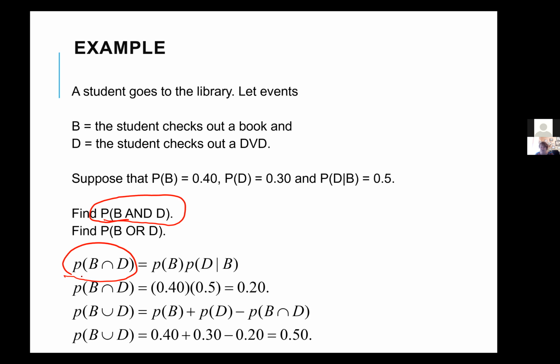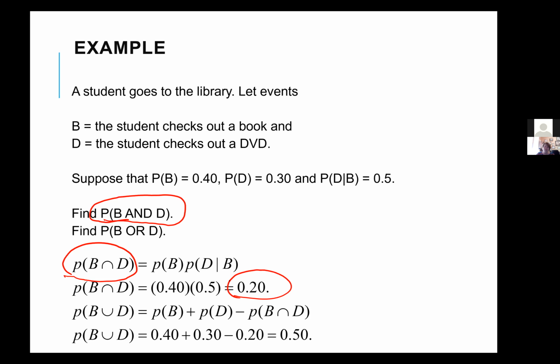And that is 50%. So if we multiply those two probabilities together, the probability of checking out a book is 40%, 0.4, times the probability that he checks out a DVD, given he's checked out a book already, is 0.5, we get 20%. So the probability of him checking out a book and a DVD is 20%, 0.2.